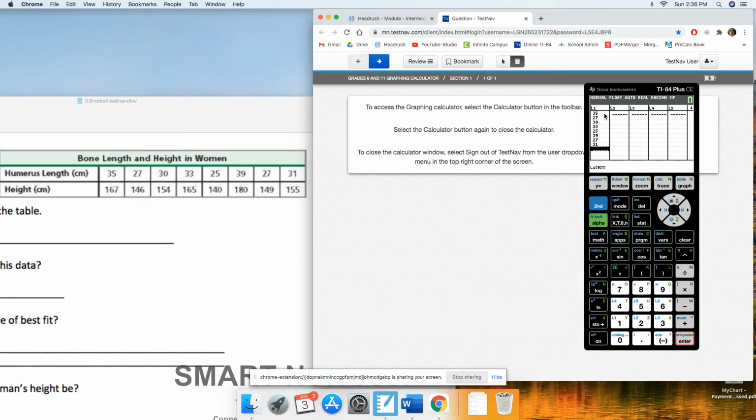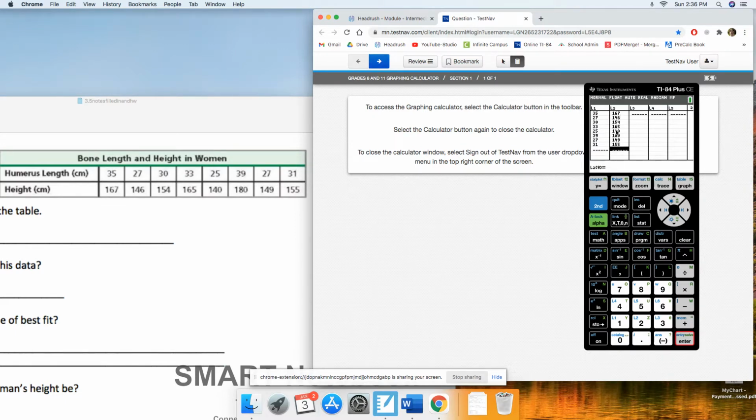All right, let's see if I got them all. 27. How many should there be? 8. Okay. Then we move over to the next one, keeping a look at your data to make sure that it actually inputs as you're typing.